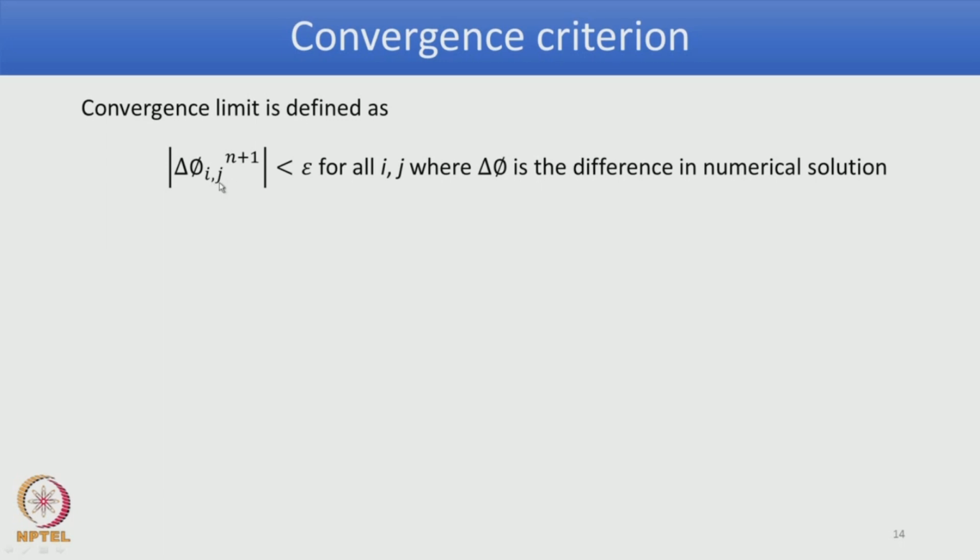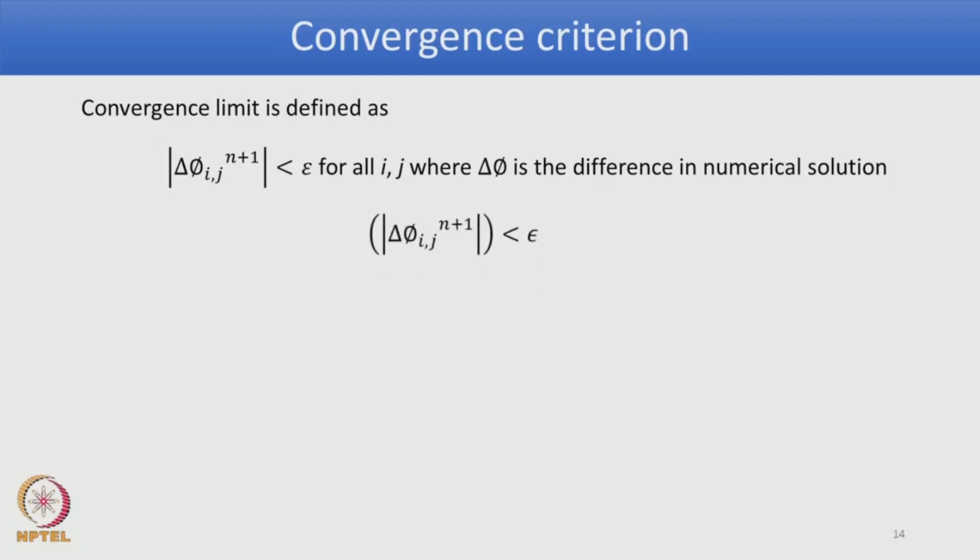If the modulus of it is less than a specified value, so one can specify an error limit, say 10 power minus 5 or 10 power minus 7, some particular value for epsilon can be set whenever you are doing such a calculation. Once that difference delta phi at the current level n plus 1 and at all i comma j locations is less than the convergence limit epsilon, then you can say that we can terminate the calculation at that step and proceed to the next stage.